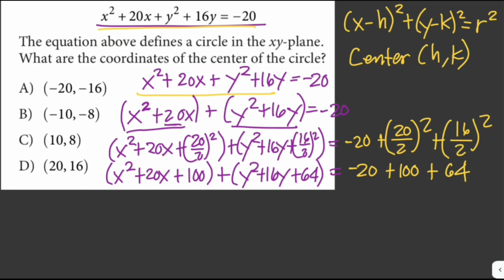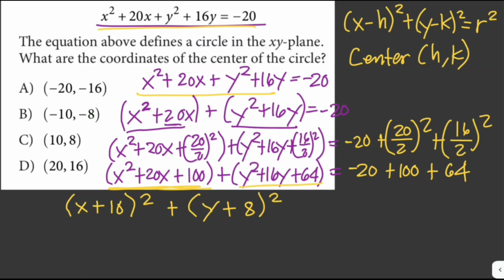And now we can simplify the equation. So for this expression here, x squared plus 20x plus 100, we can write that as x plus 10 squared. And this one, we can write that as y plus 8 squared.